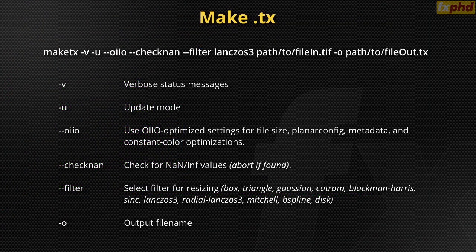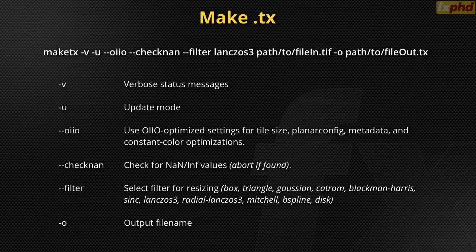So this is my make tx file. I've got a whole bunch of different checkboxes in here that do different things. You can see I'm saying what kind of filtering I'm using, the path name to the original file I want to use, and then also the path name to the tx file that I want to use as well.